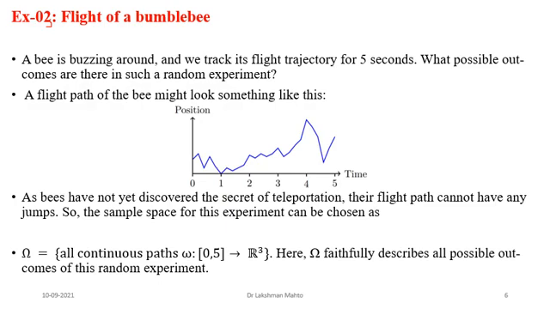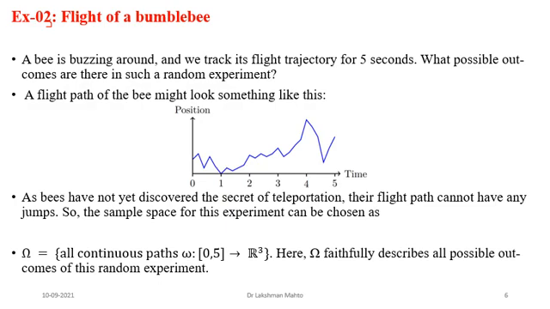If you want 2D position, it would be R2. If you observe 3D movement of this bumblebee, then your codomain would be R3. If you would like to go for four dimensional, it would be R4. It depends upon your choice where you want to observe the flight of the bumblebee. If you make it planar, then R2, and if you make it space-wise, then R3.